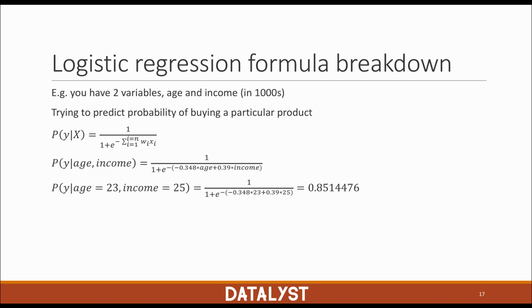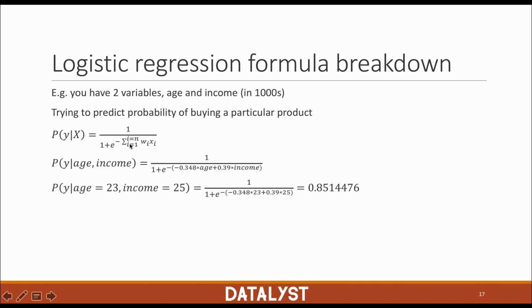So let's see a worked example together. Let's say that you have two variables, the age and the income, measured in thousands, and you want to predict the probability of someone buying a particular product. So let's revisit our formula. The formula, as I mentioned, is P of y given x, where x, in our case, the dataset, consists of the age and the income.